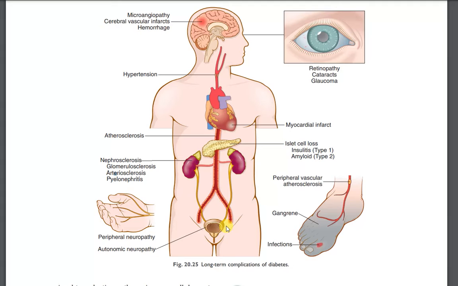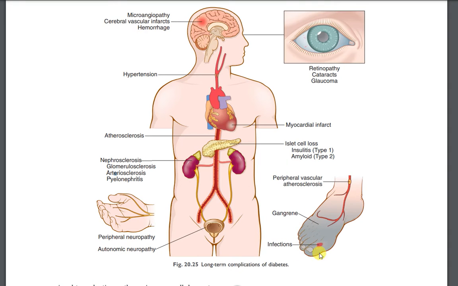Along with it, neuropathy is very commonly present, and it may lead to autonomic nervous system neuropathy, and it leads, of course, to incontinence, for example, or the opposite, blockage of urinary pathways.